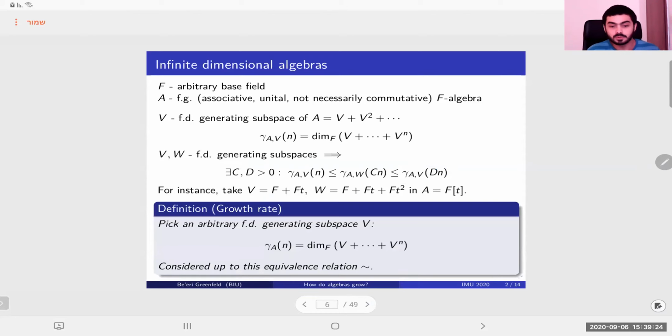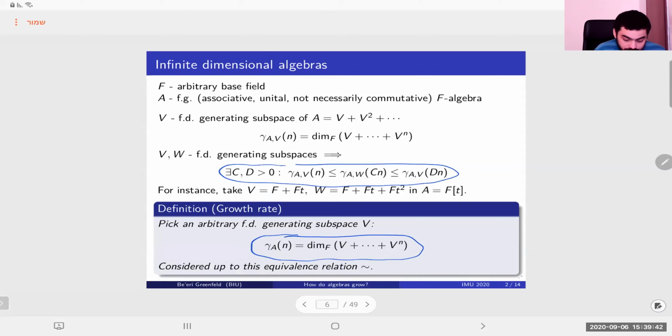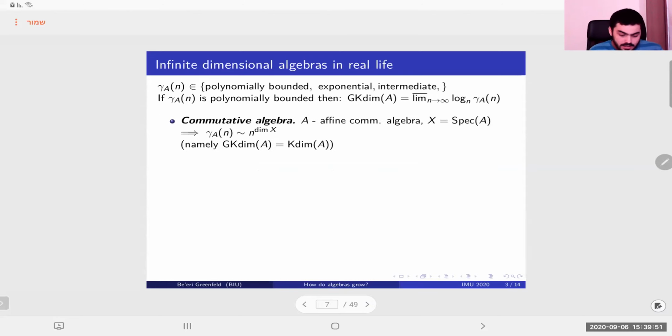Now, this is really the definition of growth rate. When we want to study the growth rate of a finitely generated algebra, we really mean this dimension sequence, relative to some arbitrary generating subspace, but considered only up to this equivalence relation, which we denote by tilde. Therefore the growth rate is really an invariant of the algebra. Growth functions can be quite diverse.